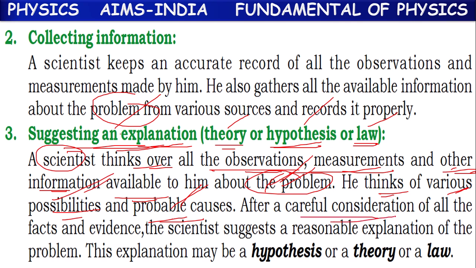So after careful consideration of all the facts and evidence, he suggests a reasonable explanation of the problem, which can be accepted by all people. In such a way, he will give a reasonable explanation. This explanation may be a hypothesis or theory or law.